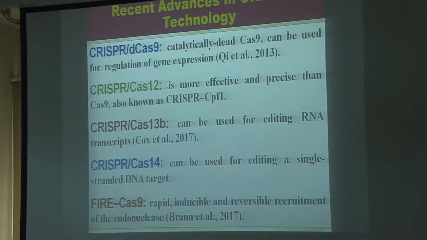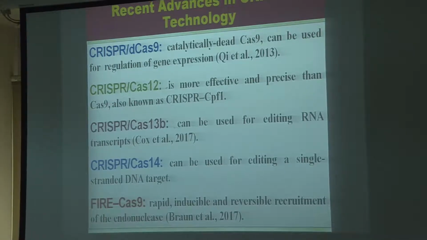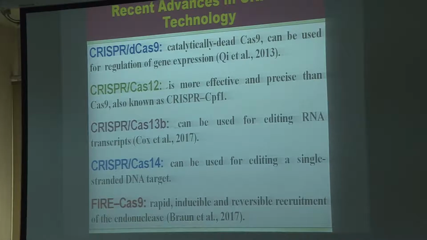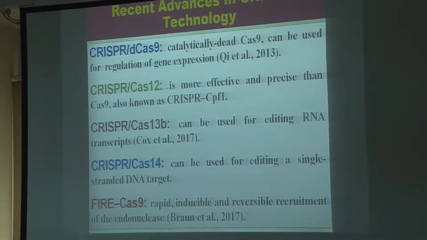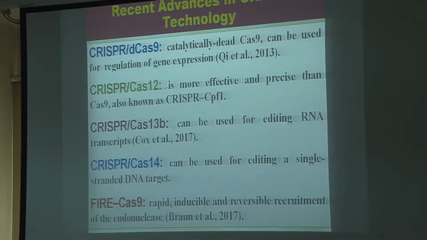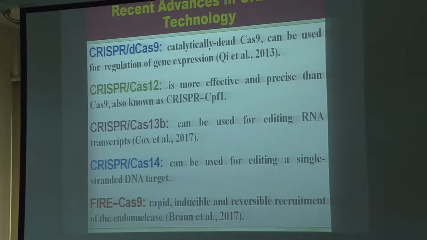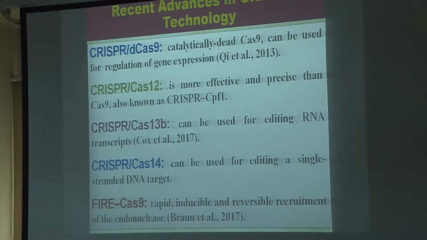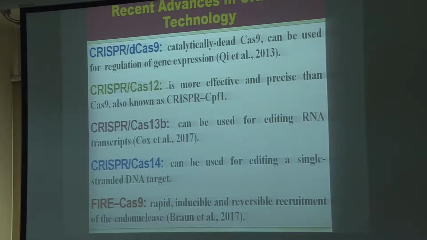Then subsequently another nuclease, Cas13, was identified. A very peculiar thing about Cas13b is that it is able to edit RNA, and you know RNA is single stranded. It needs to make a single cut, a cut in only one strand, because RNA has only one strand.